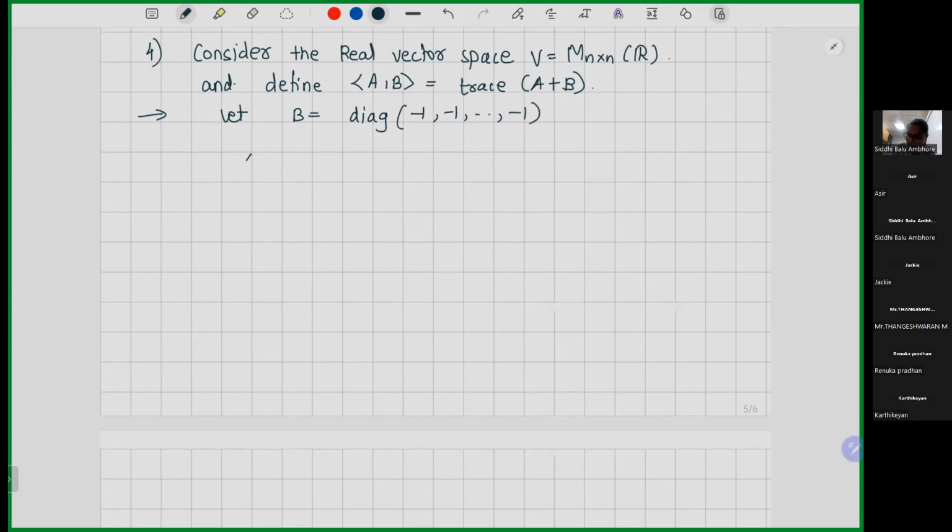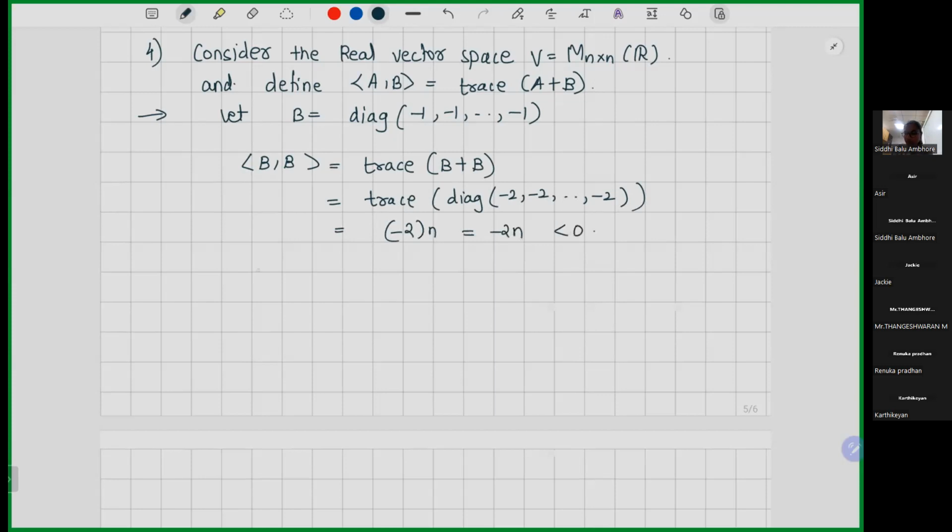If we then take (B, B), it will be trace of B plus B. Since it is diagonal, it becomes minus 2, and so on, minus 2, then it is minus 2n. So it is less than 0, therefore positivity fails.